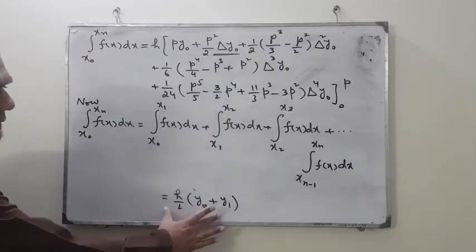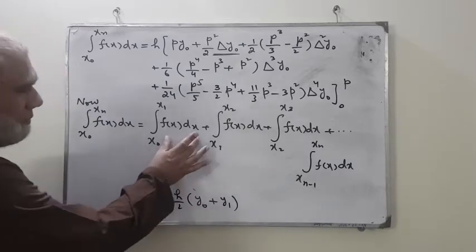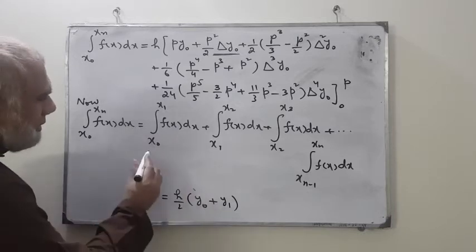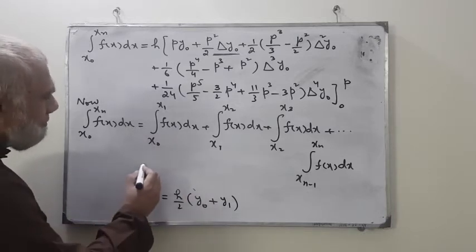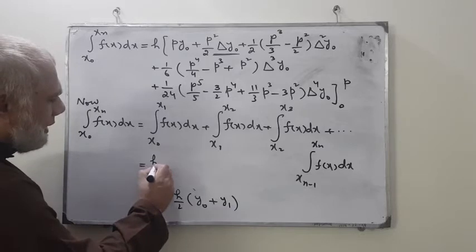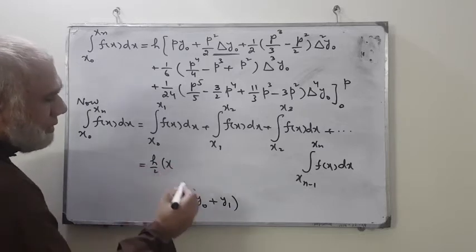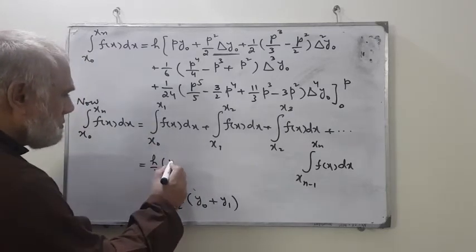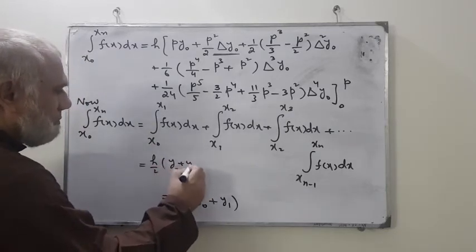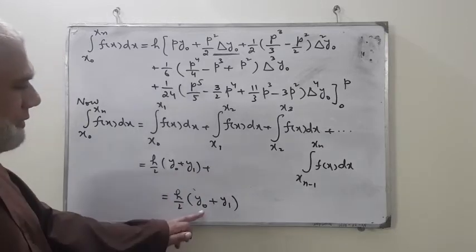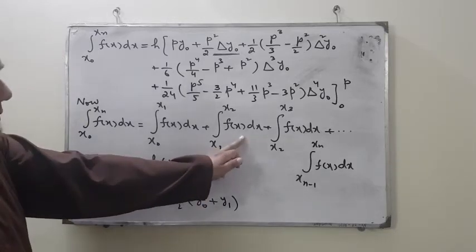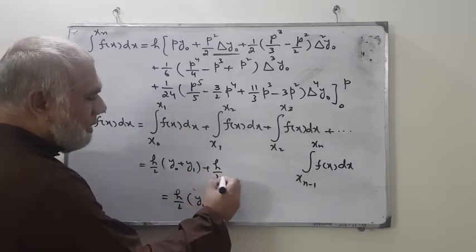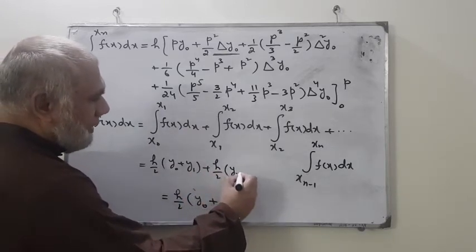Now I will be using this result. For this result, we have derived this one, so I can replace it with this. Here we can write down h/2 times y0 plus y1. Similarly, if you proceed on the same line for this integral from x1 to x2, the result will be y1 plus y2.